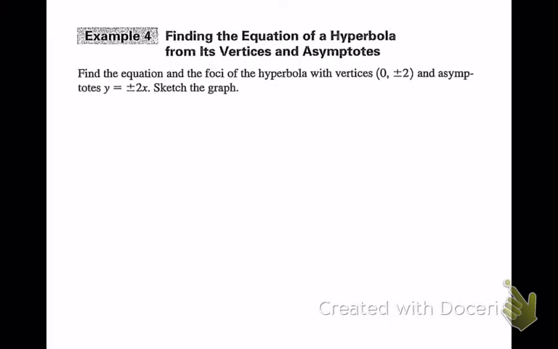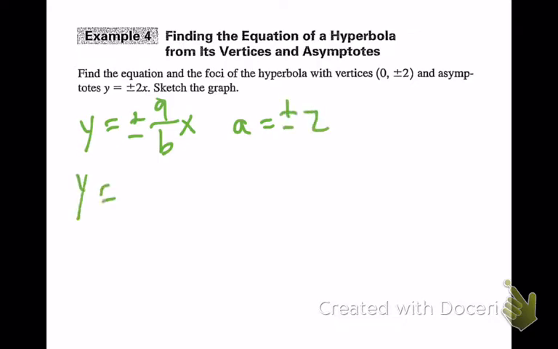We know if it's a vertical hyperbola, then y is equal to positive, negative a over b x. And we know from where the vertex is that a equals 2.